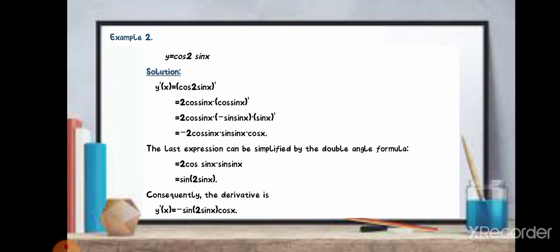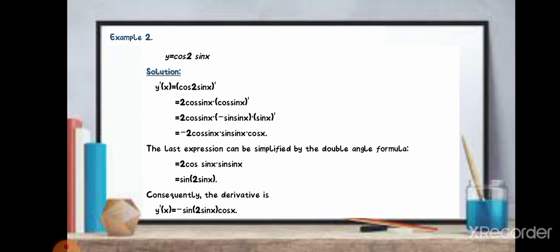Example number 2. y is equal to cosine of 2 sine x. So our solution: the derivative of y(x), which is equal to cosine 2 times sine x. So using the linear properties of the derivatives, the chain rule and the double angle formula, we obtain this equation.